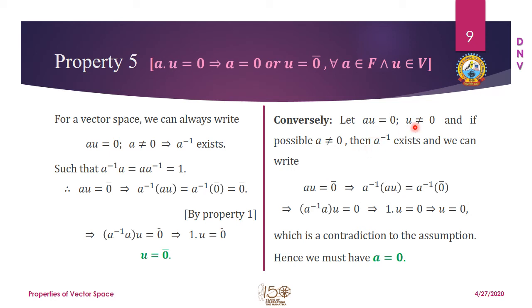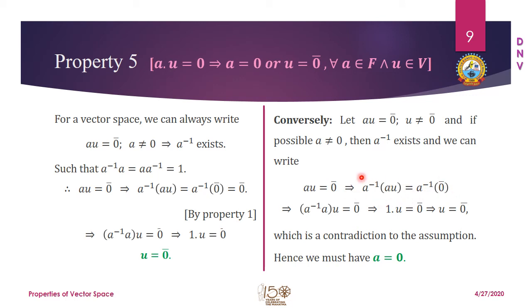We assume that au equal to 0, with u not equal to 0, and if possible, we consider that a is also not equal to 0. Then a inverse will exist, because for every non-zero element in F there exists a multiplicative inverse. So I can write this statement: au equal to the zero vector implies a inverse times au equal to a inverse times the null vector.